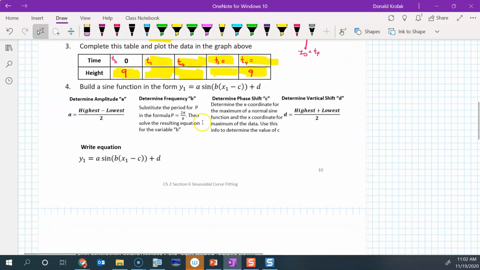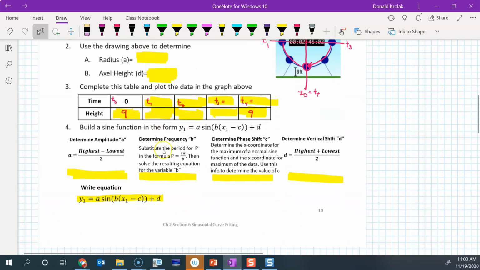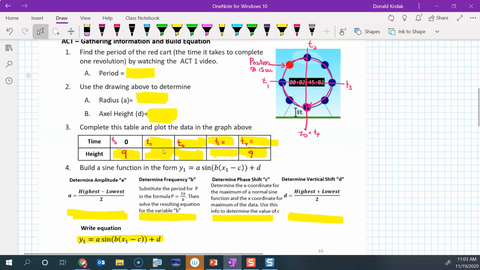Okay, then you're going to find your amplitude, find your B value, determine the phase shift, and determine the vertical shift, and then you're going to write your equation. Okay. So when you do your table, you're then going to graph the table. Graph and draw a curve.